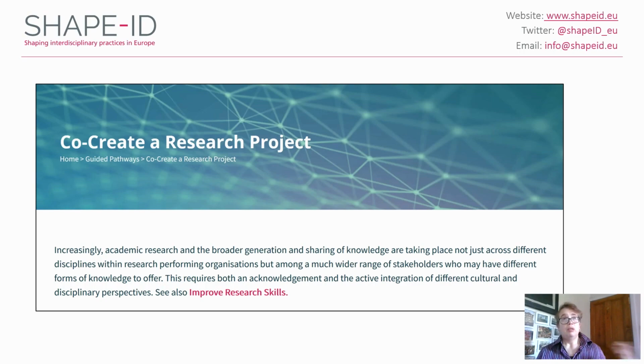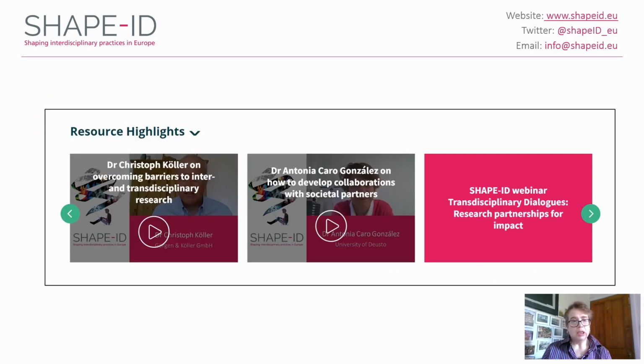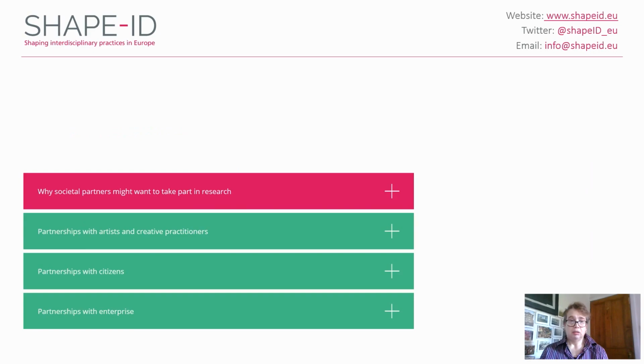So when you hit one of those green squares, you get a small snippet, and then when you hit on that, you get a page that looks like this for every goal. It tells you what we think co-creating a research project is. And then next slide, please. It gives you some resource highlights. Next slide, please.